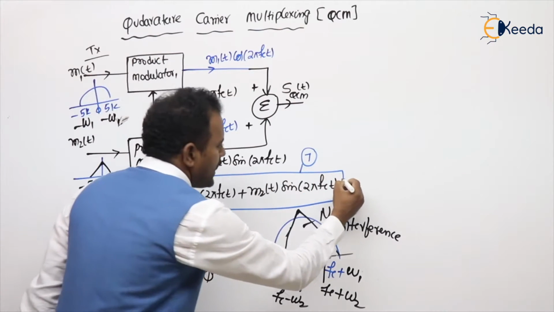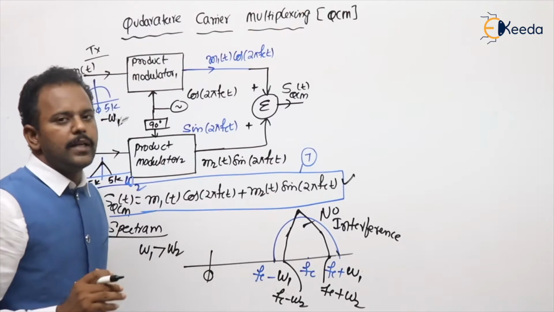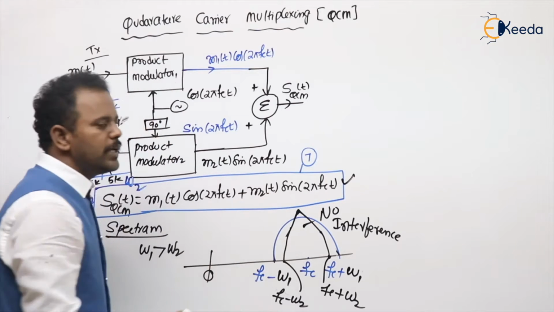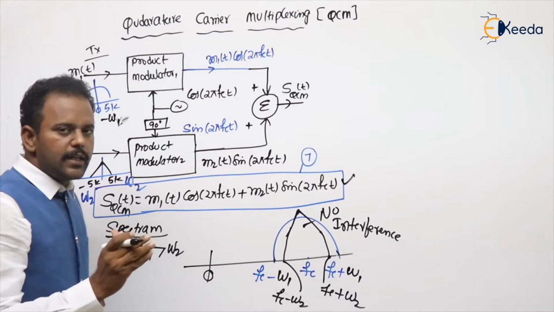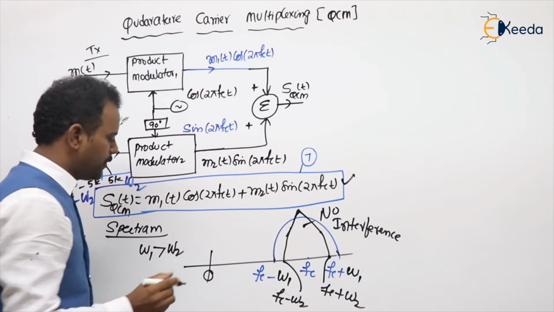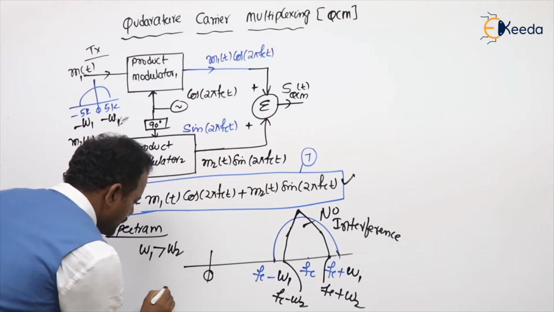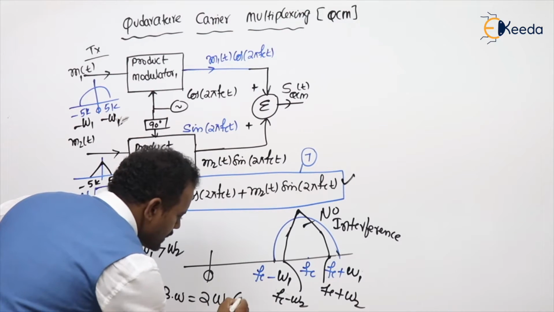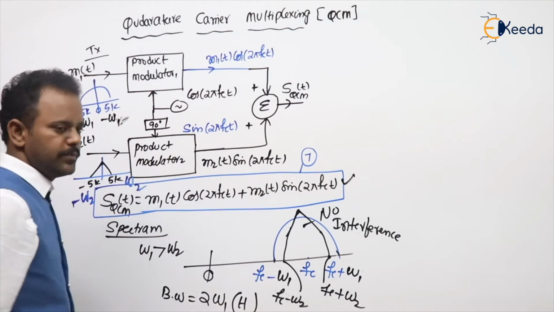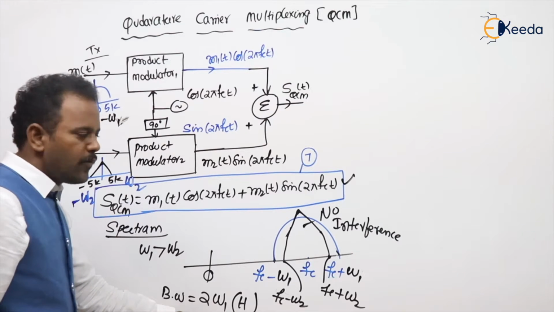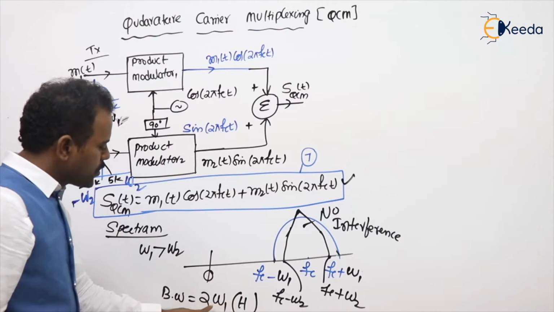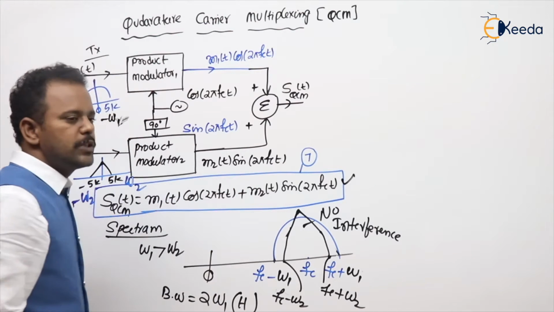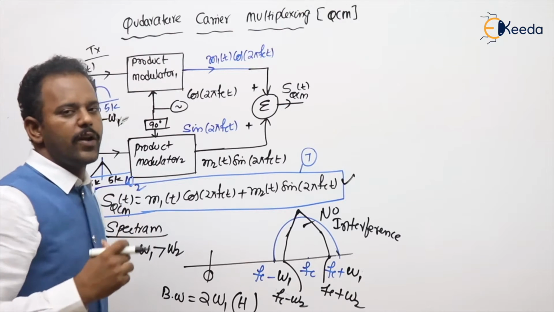Depending upon the expression, whether M1 or M2 is larger, take the highest bandwidth as the reference. So in this case the bandwidth is 2 times omega 1, which is nothing but the highest frequency or highest bandwidth. If omega 2 is highest, then 2 times omega 2. So in the given expression, see which is larger and take that as the reference.